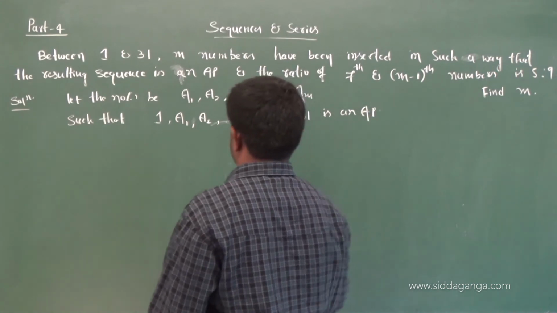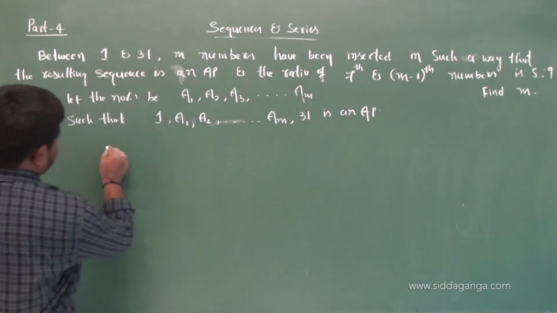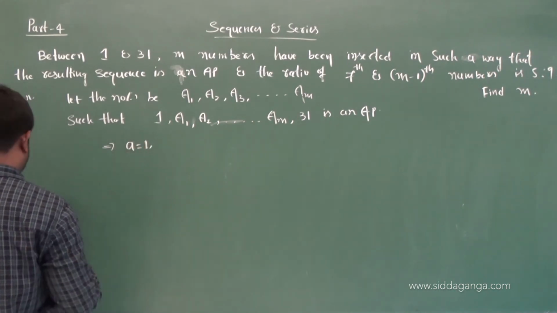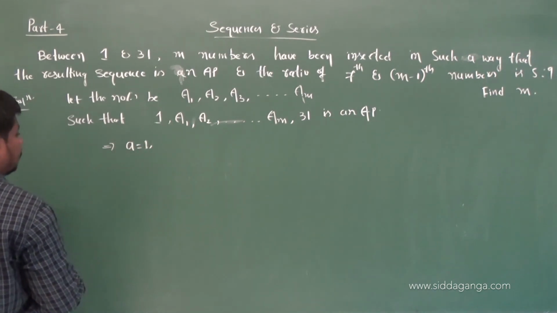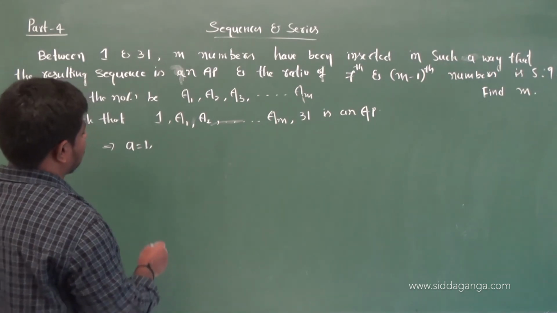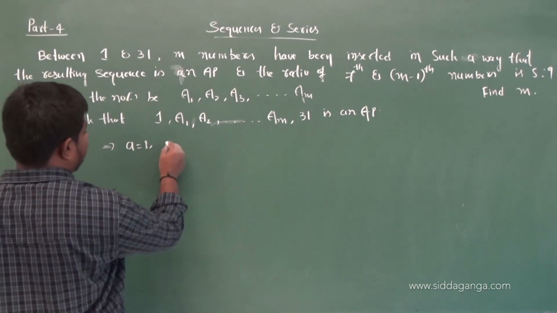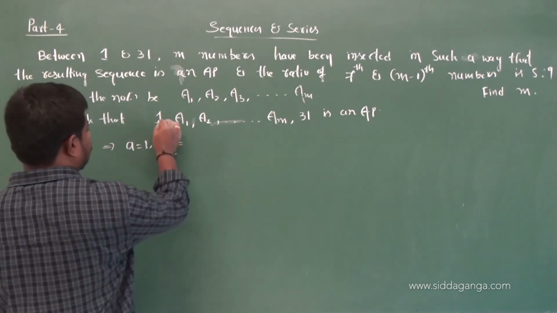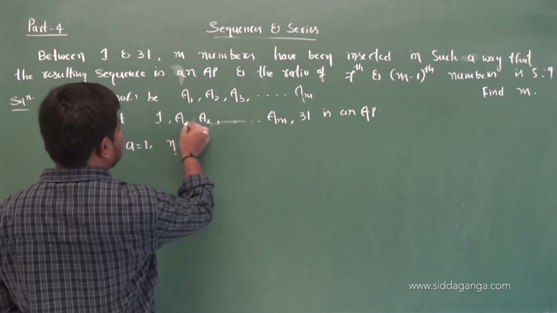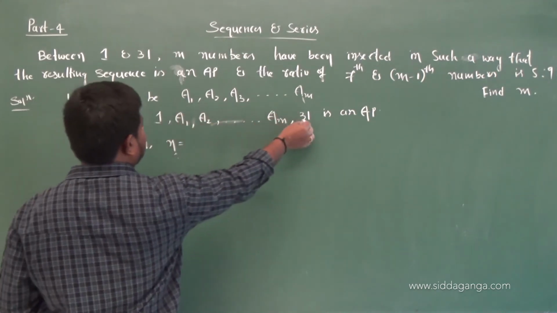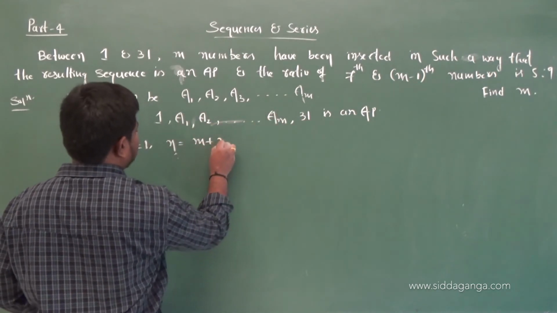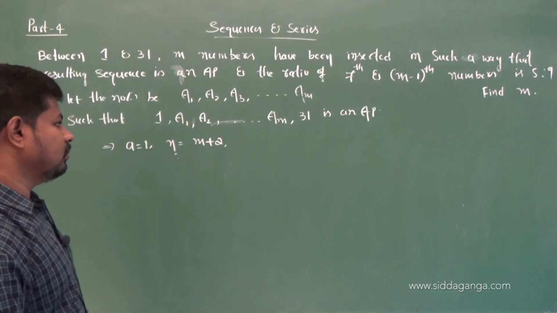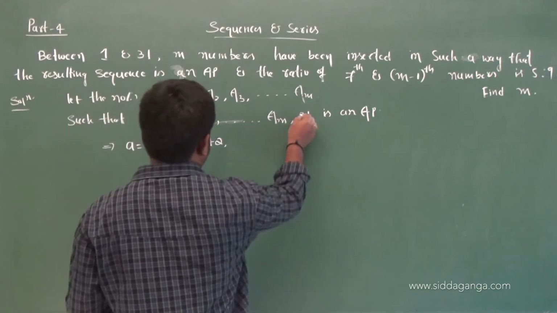Then first term is 1. Total number of terms n becomes what? Here we have m numbers inserted plus 2 numbers, so the total number of terms becomes m plus 2, right? And the last term is 31.